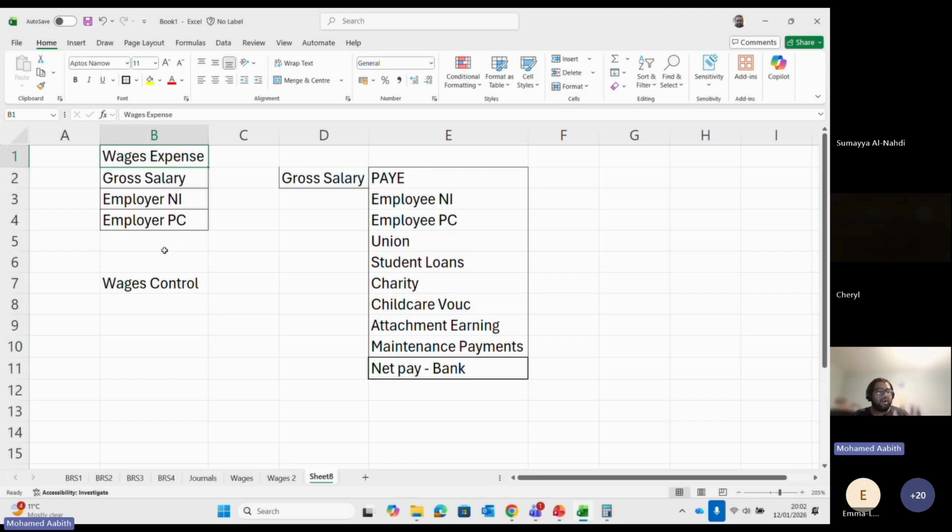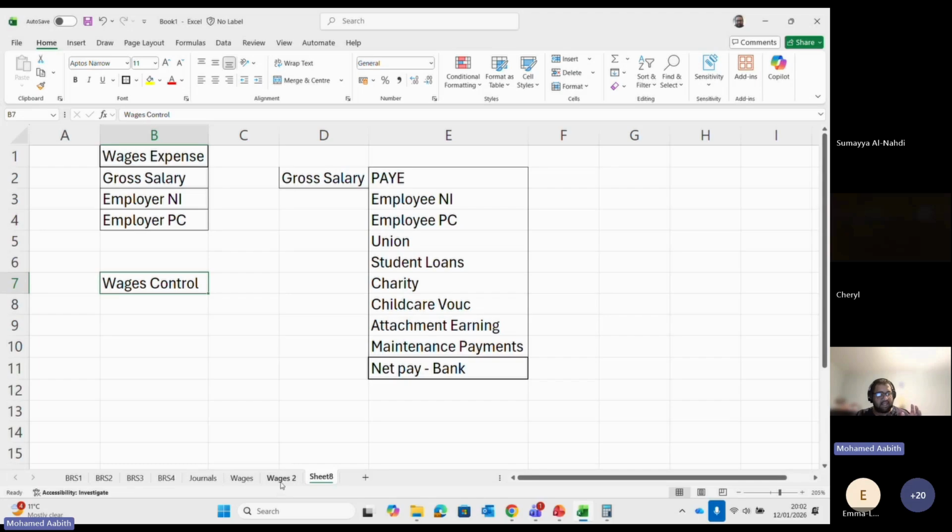So for that one, the first journal entry normally will be we're going to debit the wages expense account and credit this wages control account. Once you've done that, wages control account will start with the credit balance, and we will start finding all the liabilities we need to pay towards, and we'll be able to find the right amount and pay towards them.